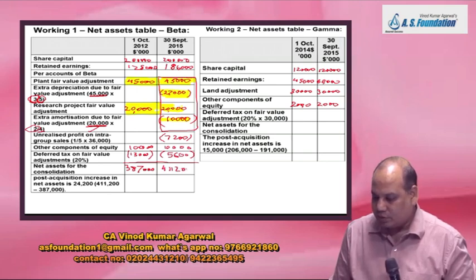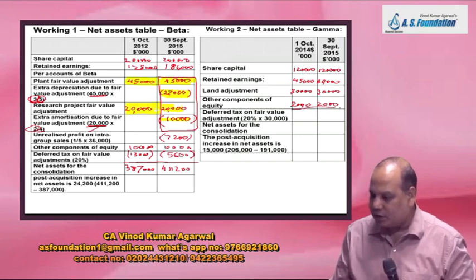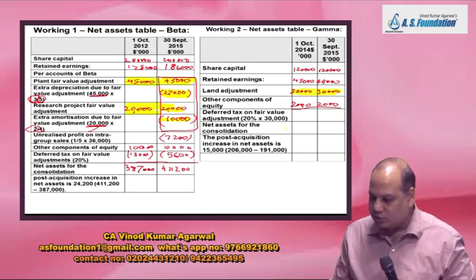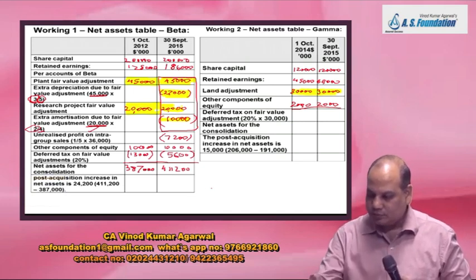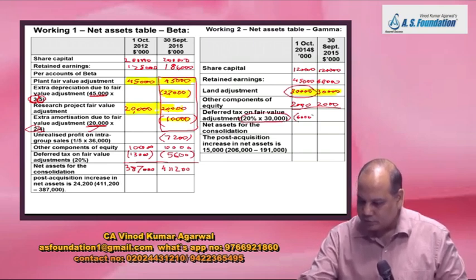Okay, wait. Come to this working note also. First, I will write deferred tax implication. Deferred tax implication will be because of this land adjustment. 30,000 into 20%. How much is that? 6,000? 30,000. It's written here also. 6,000.